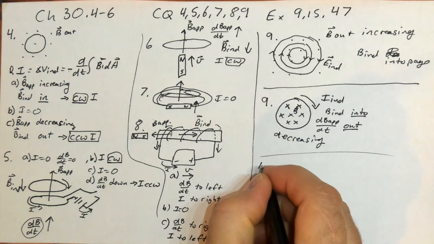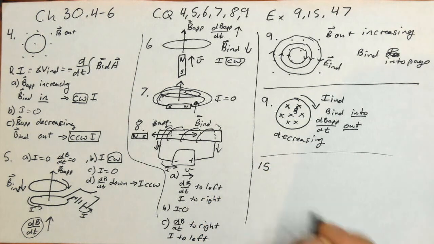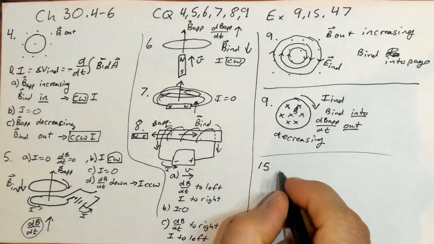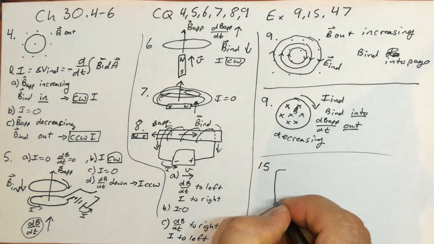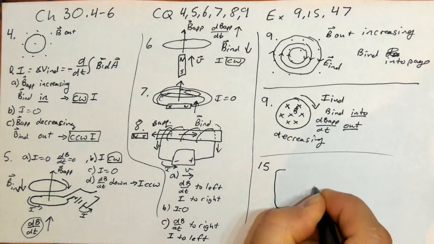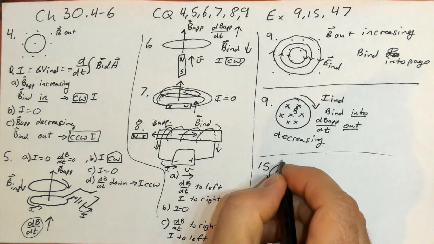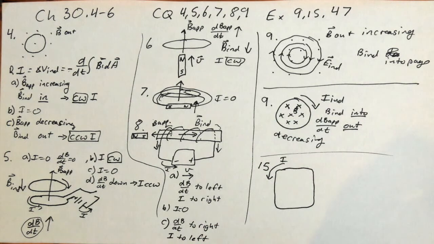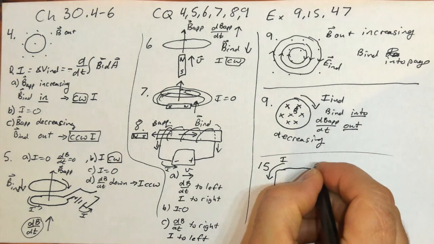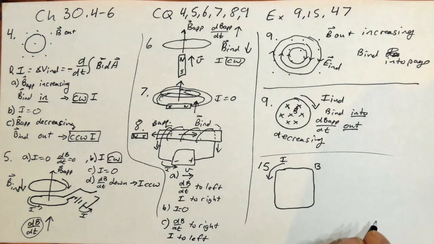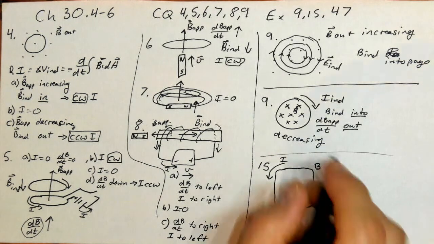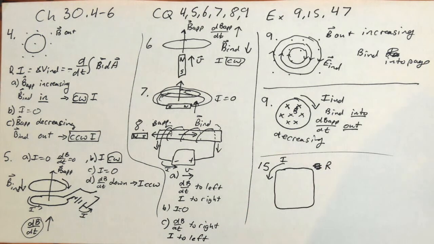Okay, let's try one with some numbers on it. What we have is a square loop of wire, and it's got 150 milliamps of current flowing counterclockwise through it. We're told the resistance of the wire is 0.2 ohms, and we're given the length of this square.